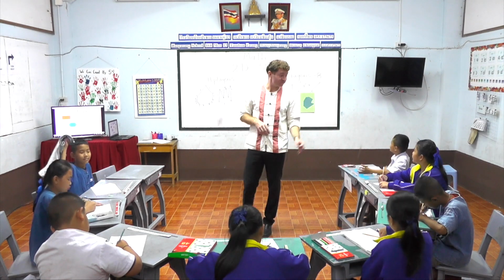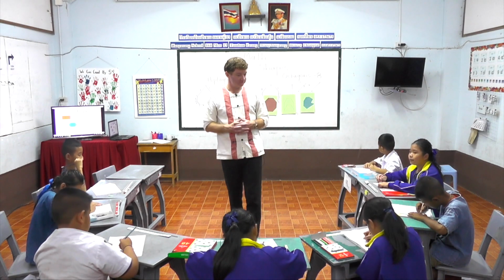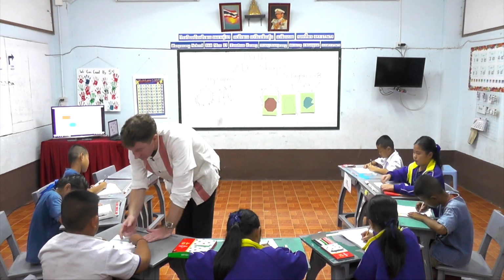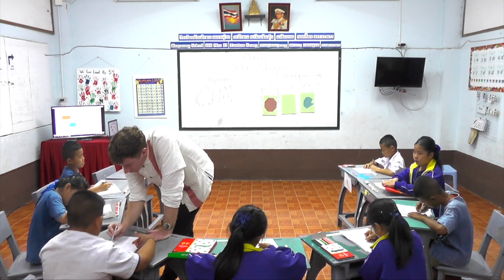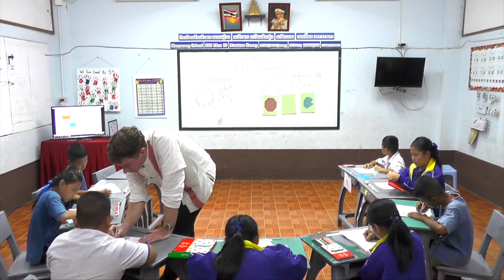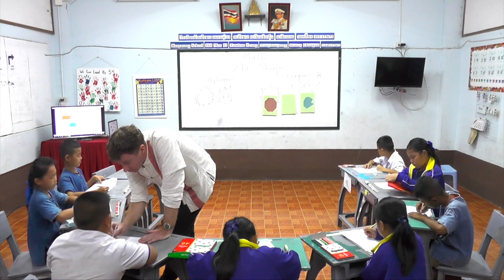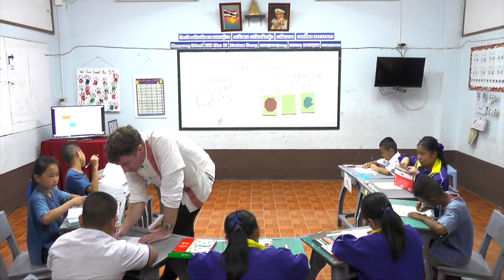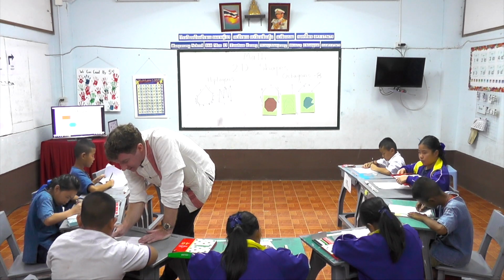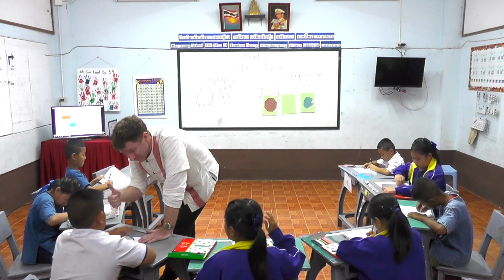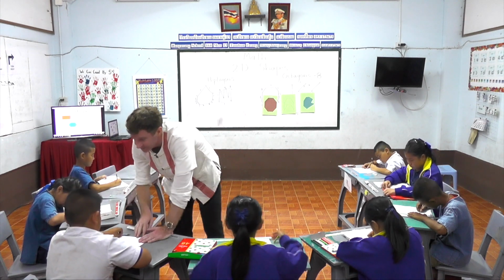And then once you're finished, you can colour. So let's see, let's come together. 1, 2, 3. Net. 1, 2, 3, 4, 5, 6, 7, 8. Perfect. 3 octagons. So now you can colour.